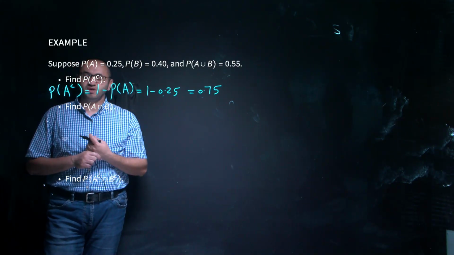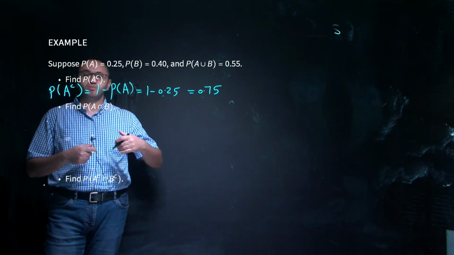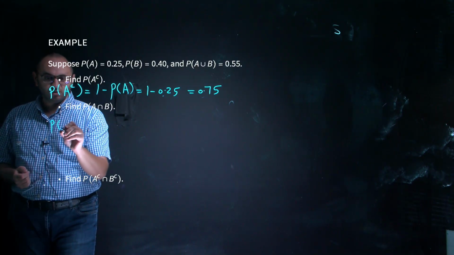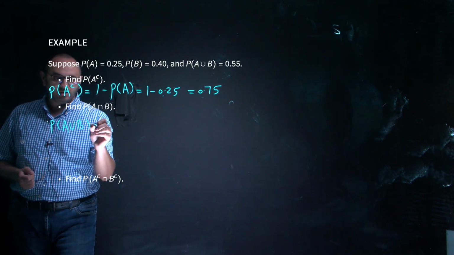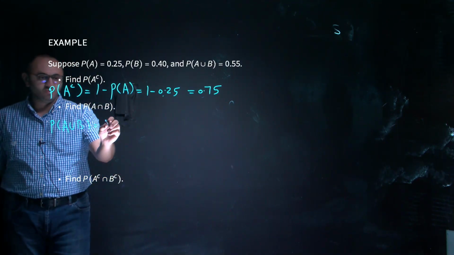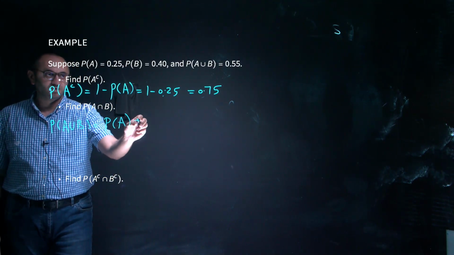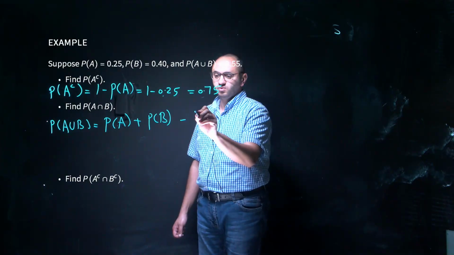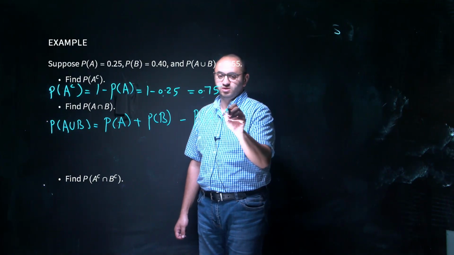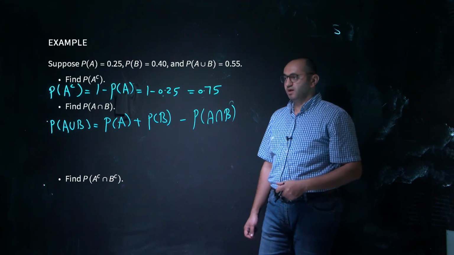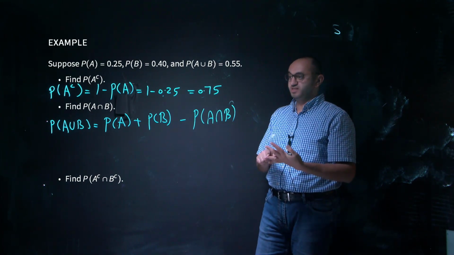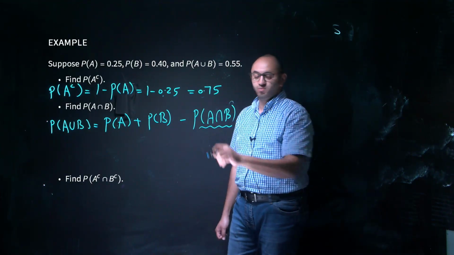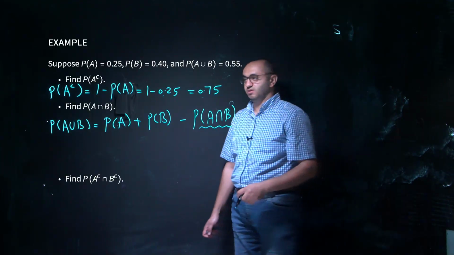If you look at the question, we have probability of A, probability of B, and probability of A union B. So probability of A union B equals probability of A plus probability of B minus probability of A intersection B. All three are given, so we can solve for probability of A intersection B, which is our target.